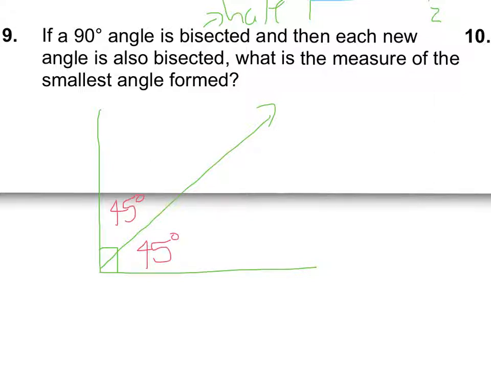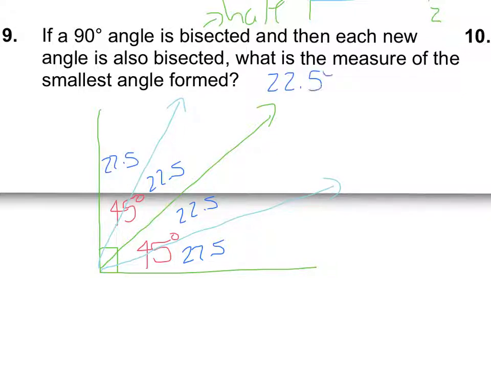And then each new angle is also bisected, so they're bisected again. So I'm splitting that 45-degree part in half. Then what is the measure of the smallest angle formed? Well, if I split 45 in half, then each half is 22.5. So the smallest angle formed is 22.5 degrees.